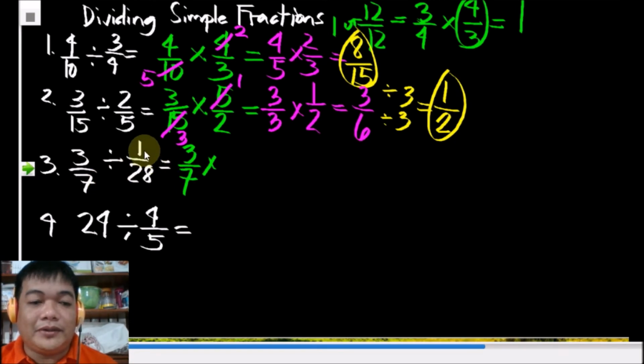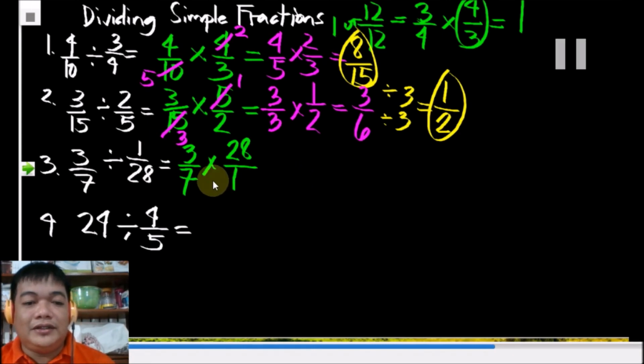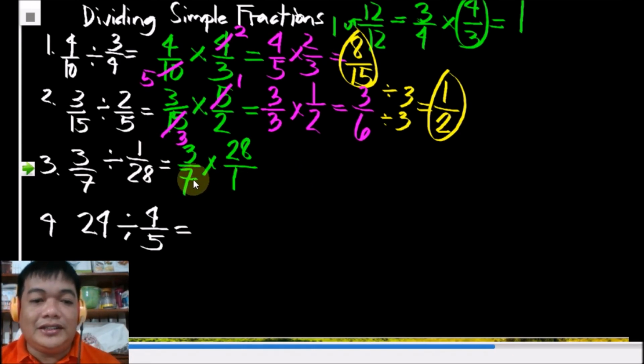So the reciprocal of 1/28 is 28/1. After that, you undergo cancellation if there are any. We have here 7 and 28 with a common factor, which is 7. So I'm going to divide 7 and 28 by 7. 7 divided by 7 is 1, then 28 divided by 7 is 4.